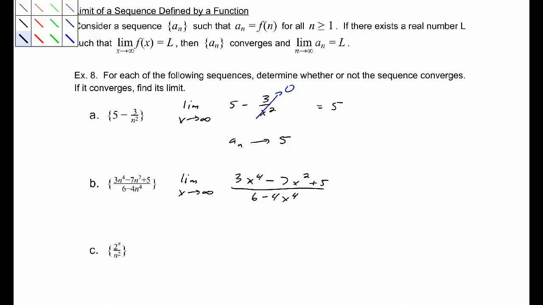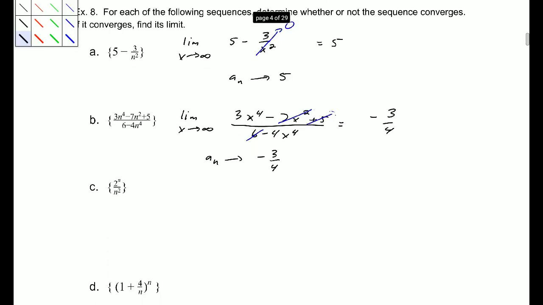Or we can use an idea from Calculus 1 that these other terms are negligible. They don't affect anything. In the long run, all that we really care about is 3x to the 4th over negative 4x to the 4th, which is negative 3/4. So a_n approaches negative 3/4 in this case.